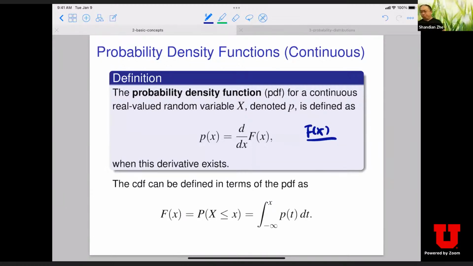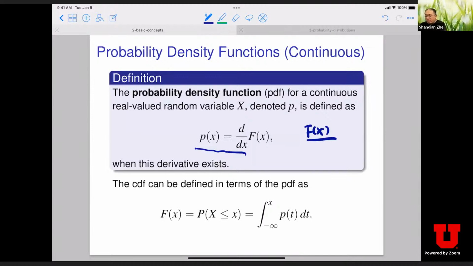It's not a full derivative, because you have to compute the derivative from the right-hand side. And then we call the derivative of the cumulative function the probability density function. That's the one we commonly use, very, very often.